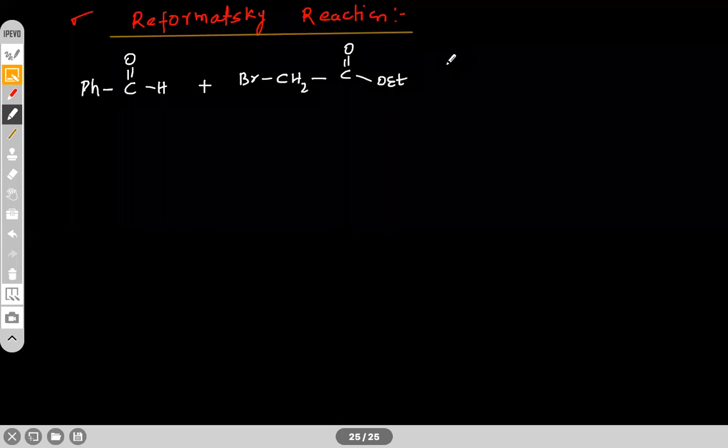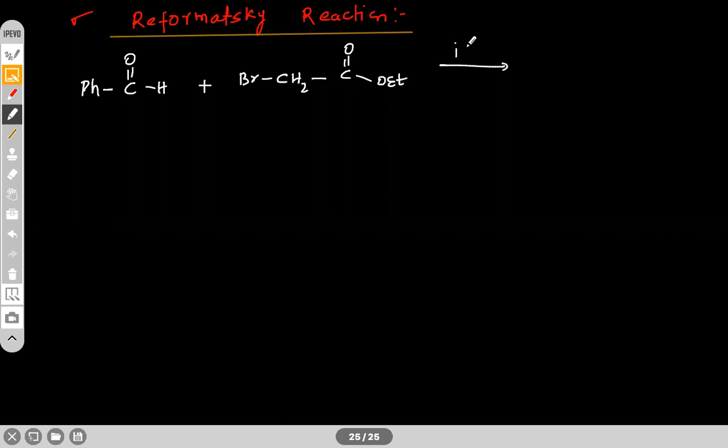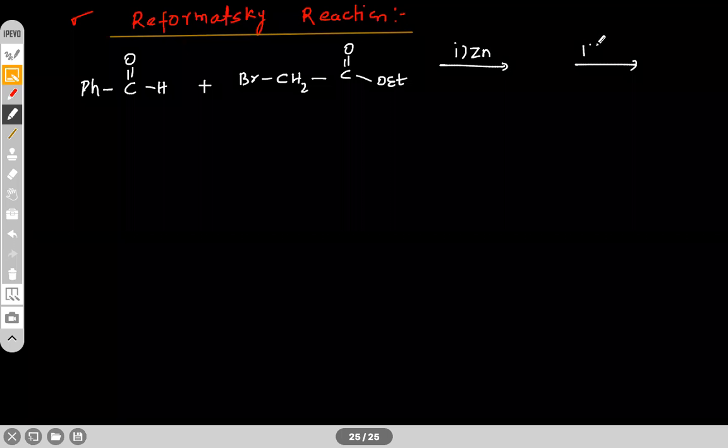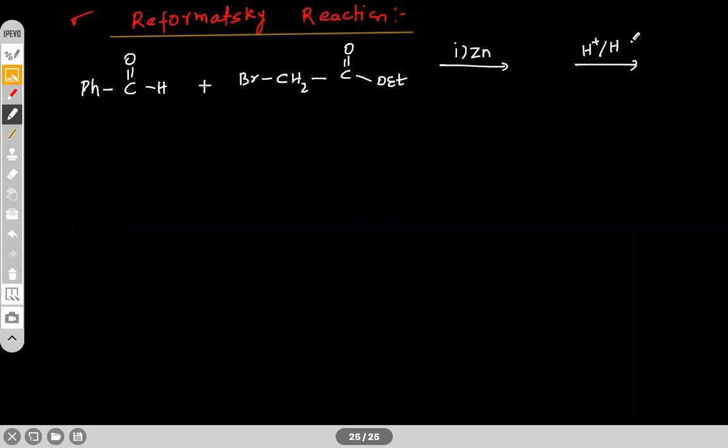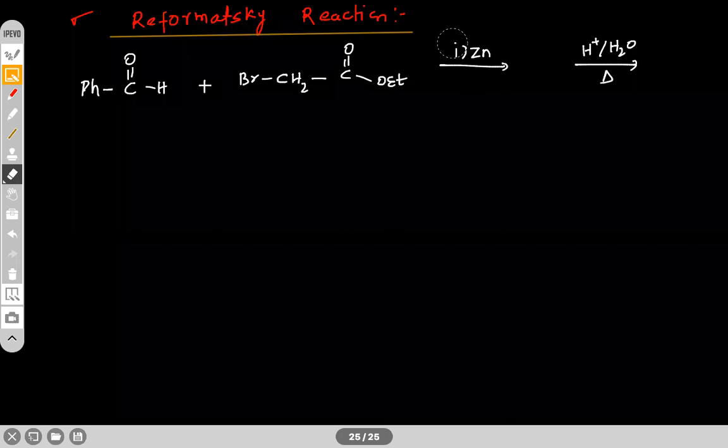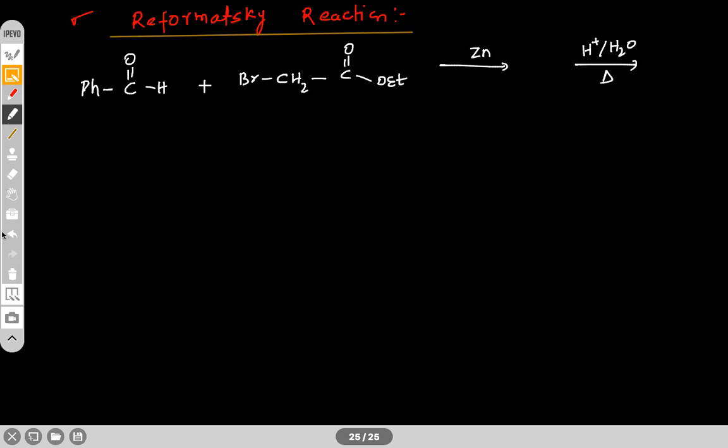The reagent we use here is zinc in the first step, and in the second step we use acidic hydrolysis and we are heating it. Okay, this is the reagent we have. So what we get here as A and B, that we'll see.